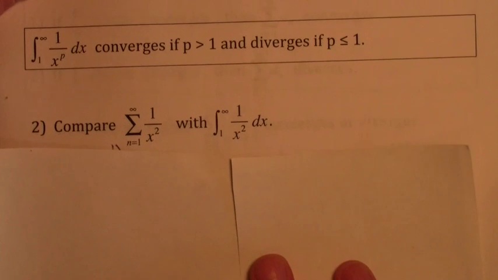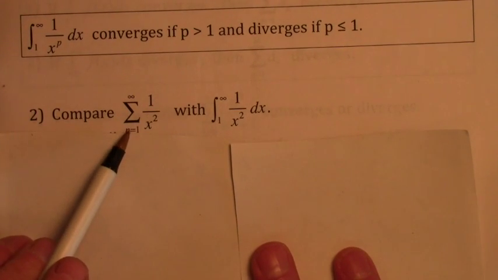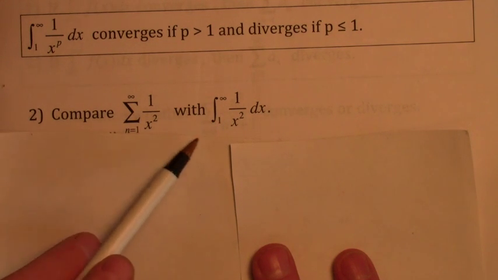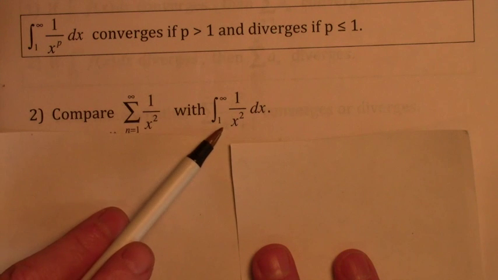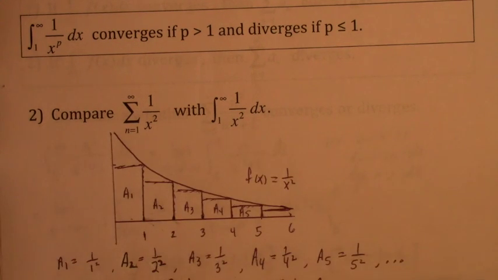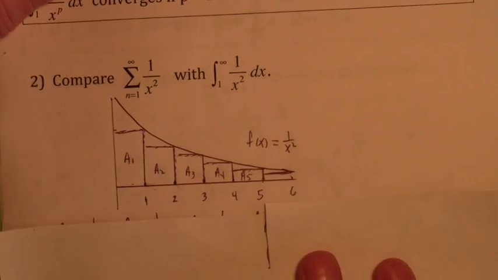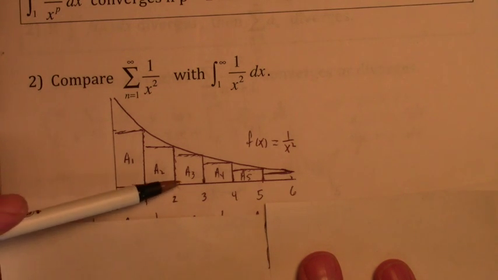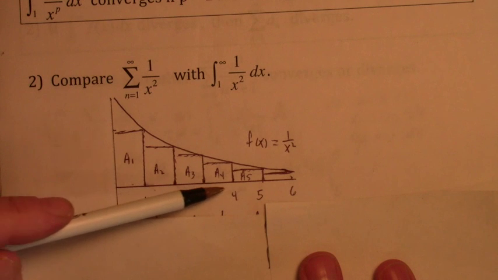All right, here we go. Let's now compare this infinite series with this improper integral. There is a relationship between infinite series and improper integrals. Let's say that your delta x is 1 on each of these things.